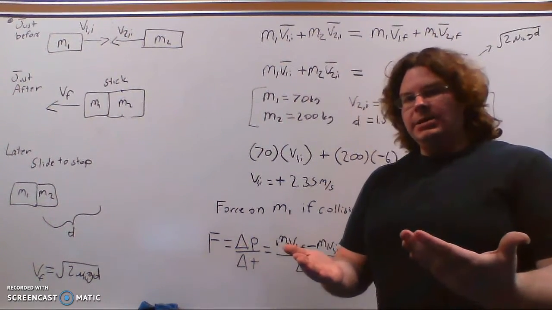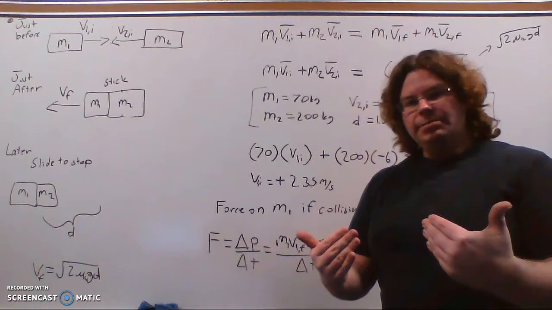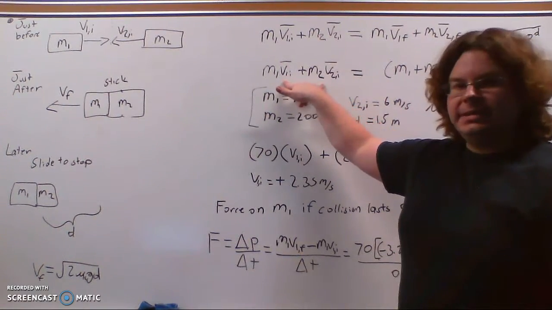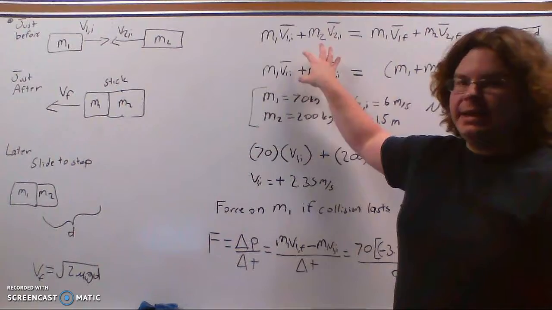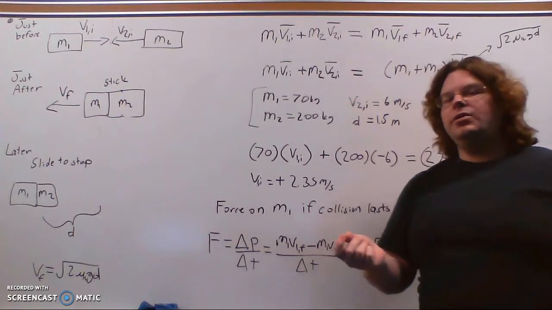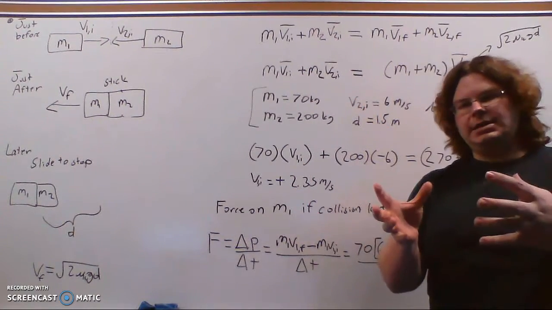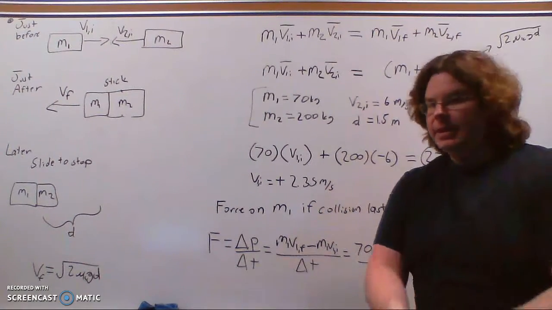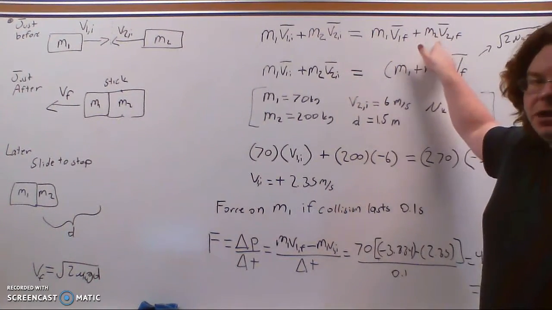First thing we can do is simplify away some things. In this case, the initial masses and velocities, we can't do anything with this side, but we do know that both of the objects after the collision are moving with a common velocity. So that means we don't have to have two separate terms.